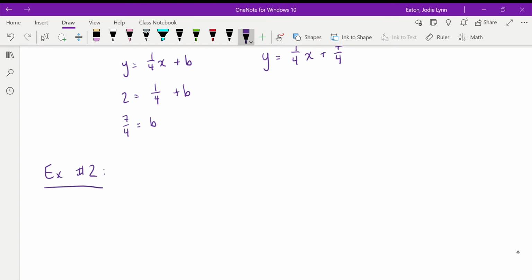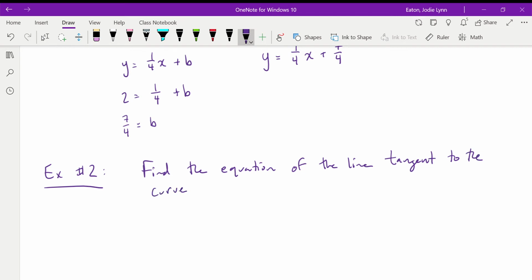Find the equation of the line tangent to the curve f of x equals x squared at (1, 1).